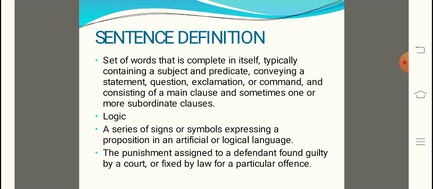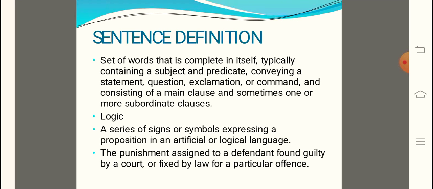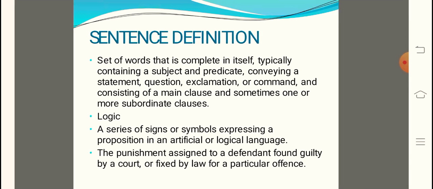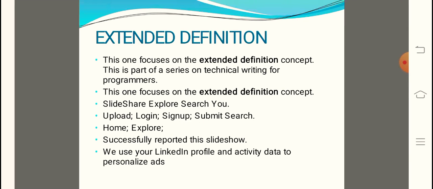Then, logic: a series of signs or symbols expressing a proposition in an artificial or logical language. And the punishment assigned to a defendant found guilty by a court or fixed by law for a particular offense. All these come under sentence definition.